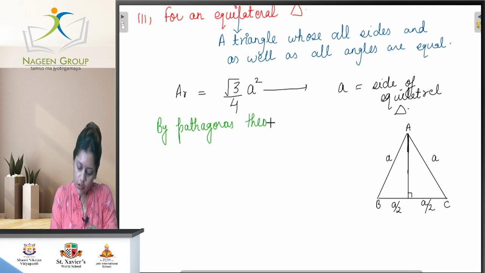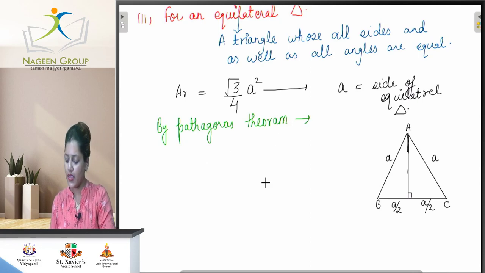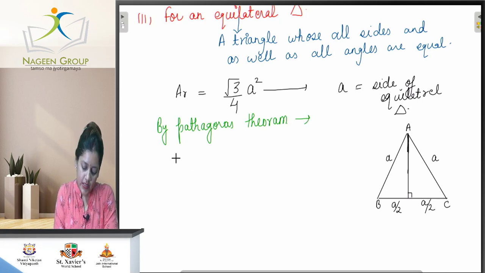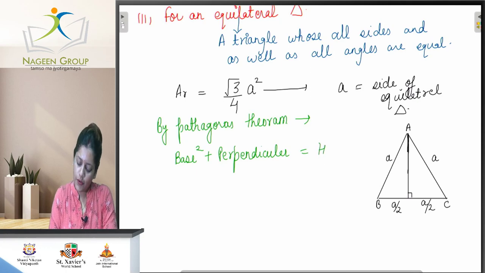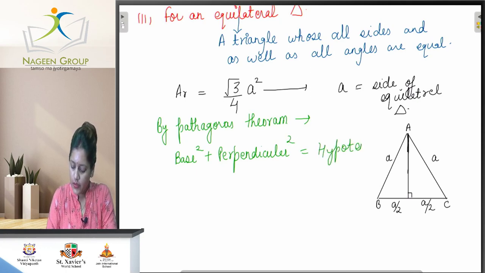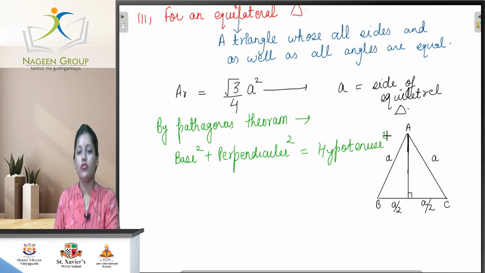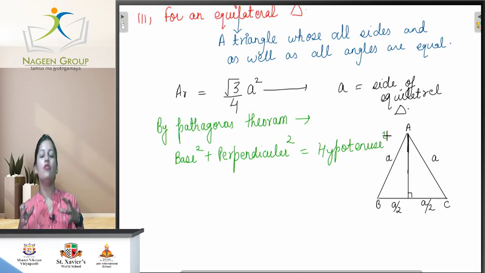By Pythagoras theorem, base square plus perpendicular square is equal to hypotenuse square. Now we are going to put the values here.